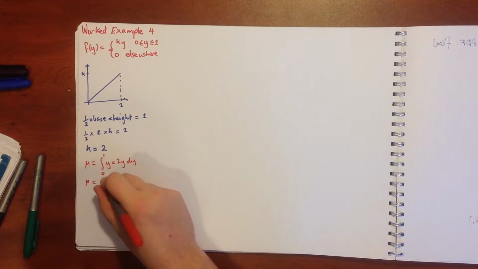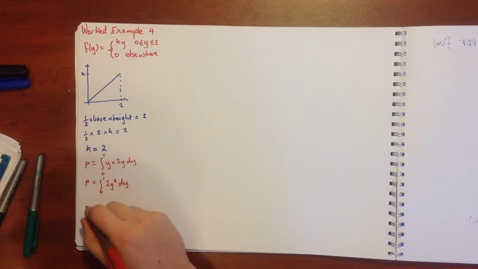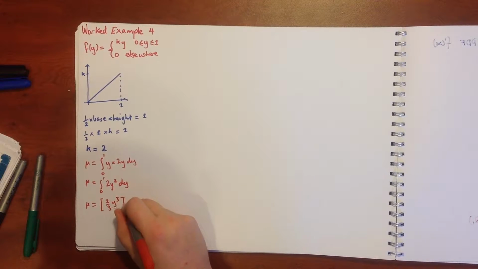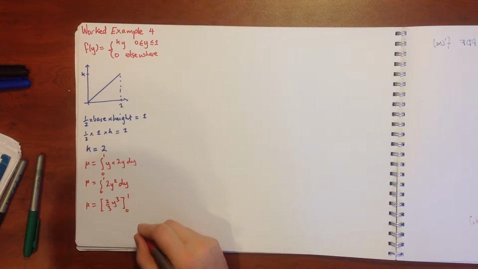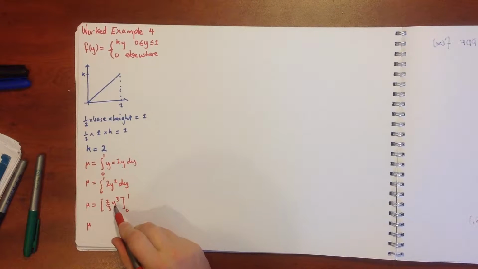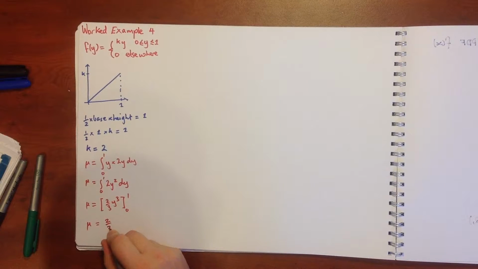So it's going to be the integral from 0 to 1 of 2y squared dy. So that'll be our mu equals 2 on 3 y cubed, from 0 to 1. So if we sub 1 in, we're going to get 2 on 3, take away 0, so it's just going to equal 2 on 3. So our mean value would be 2/3.